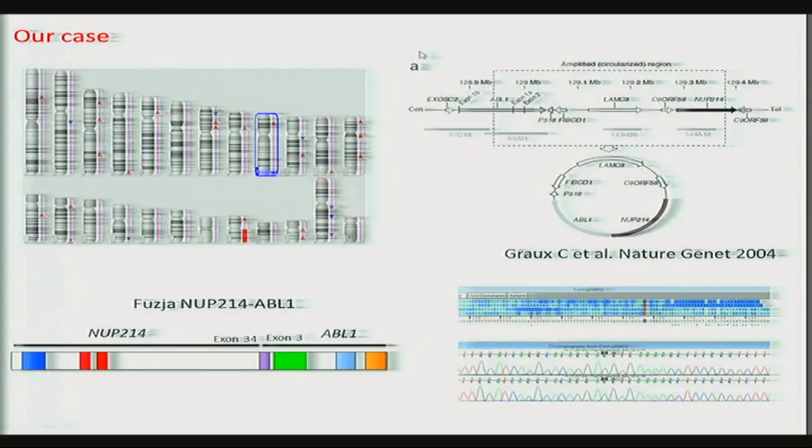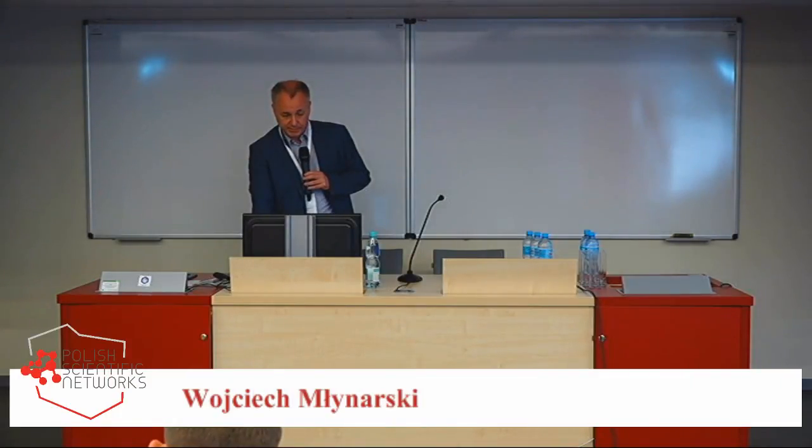You have this circular DNA fragment like plasmids in the human cells, where the number of these plasmids depends on the severity of the disease, or also activation of the kinase pathway, the ABL1 kinase pathway.